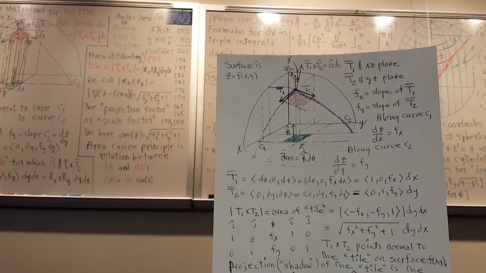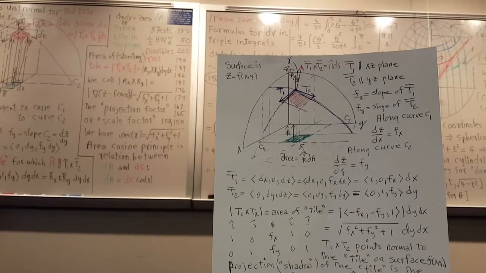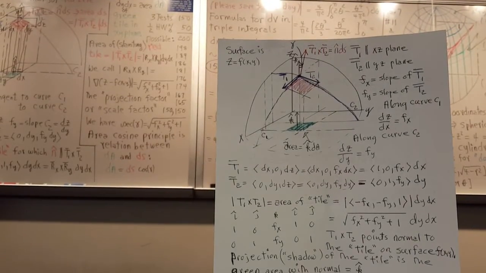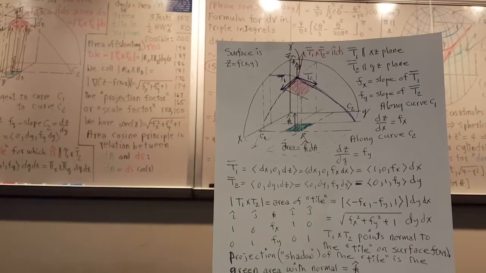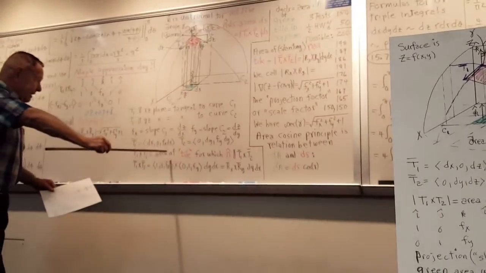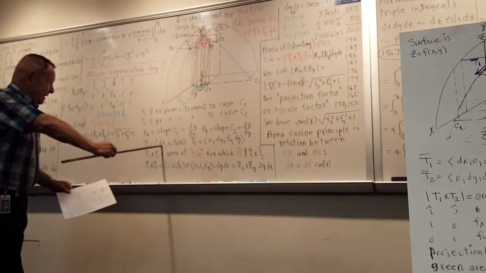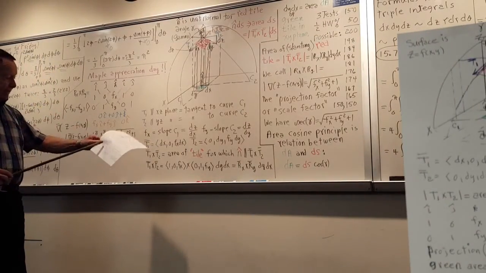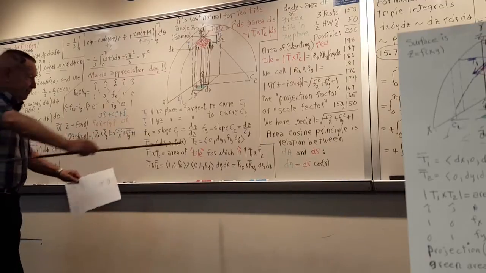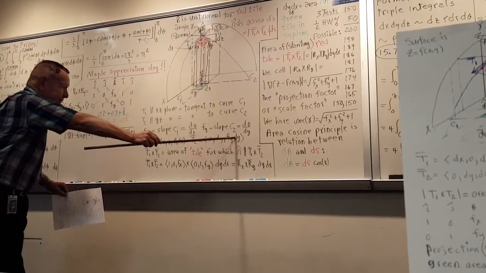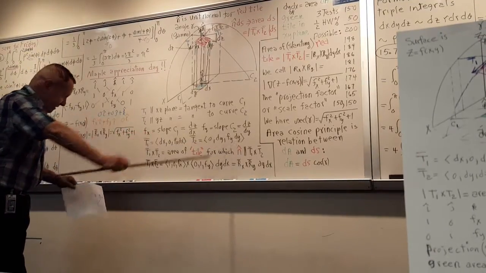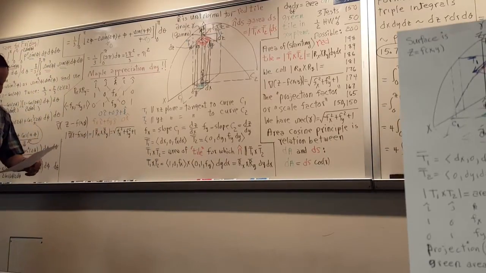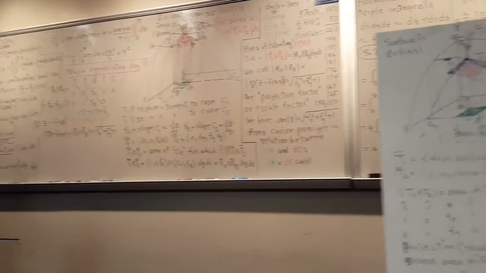So I have my tile, and what I'm doing is taking the 1, 0, f sub x that I get if I factor out the dx, and the 0, 1, f sub y that I have here if I factor out the dy, and so I'm doing that cross product.